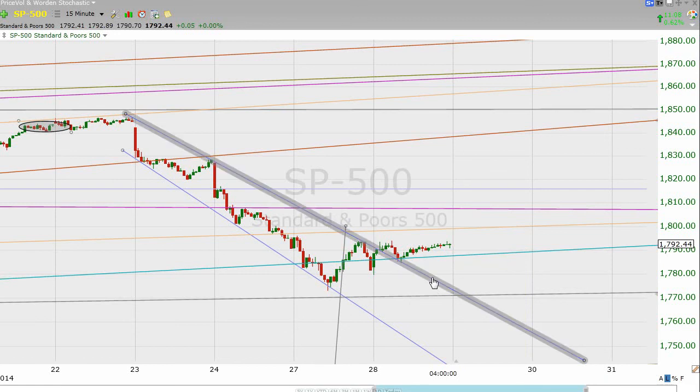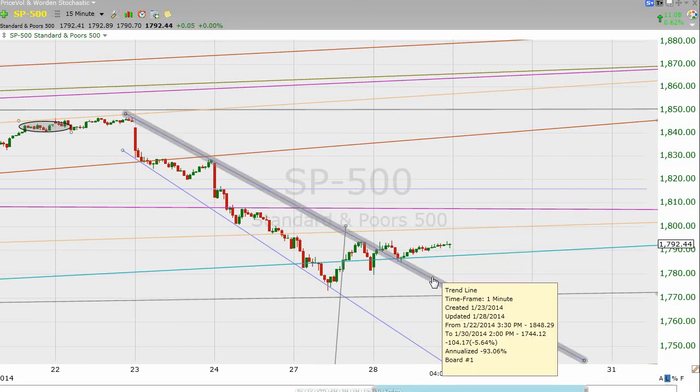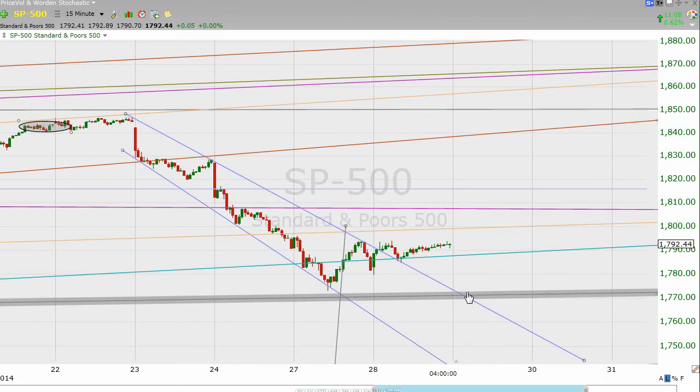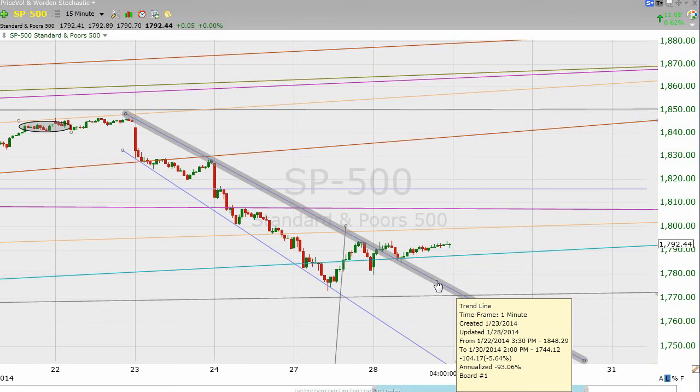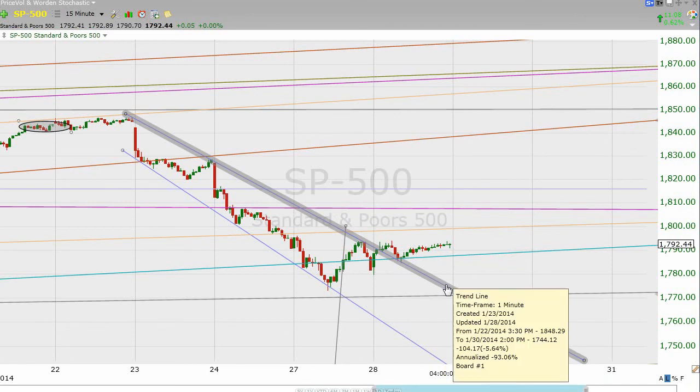I think that's a good sign that we could be at least ready to have some kind of relief rally. That could very well take the form of something that happens after a back test of this line.